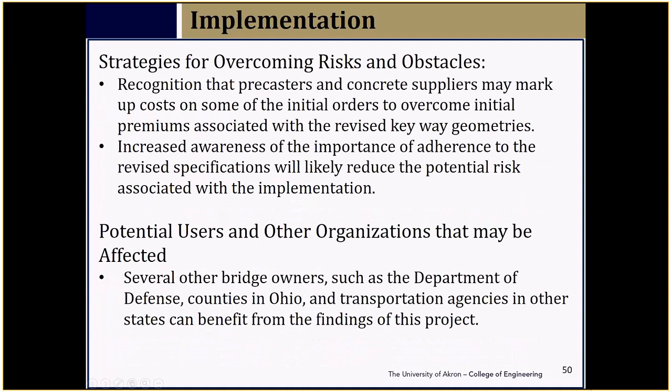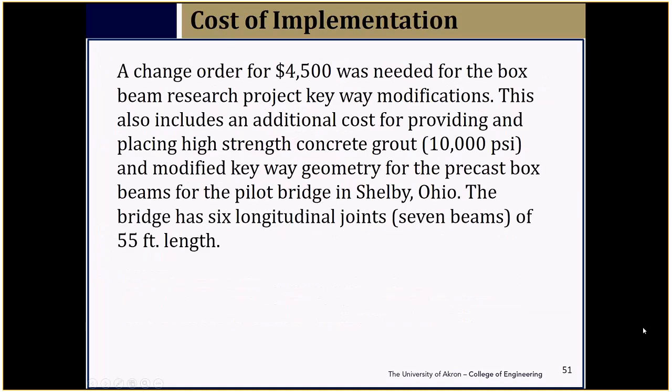I'll just move on. Potential users are primarily ODOT and other DOTs. Cost of implementation, I already mentioned: $4,500 is what we got for a 55 feet bridge with 7 joints, which is not bad.